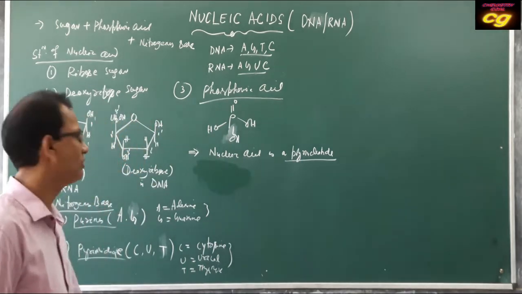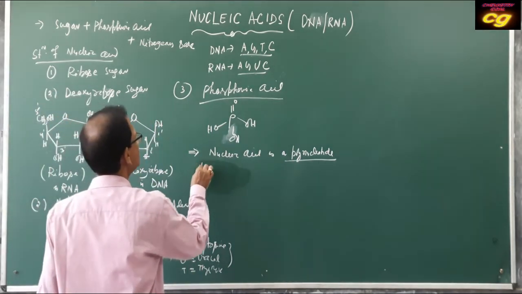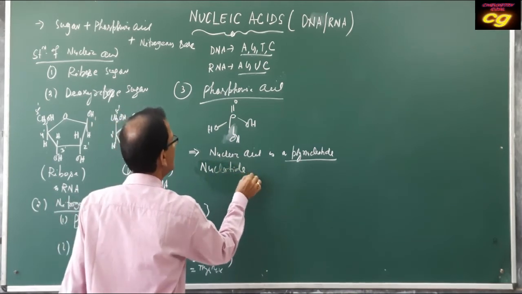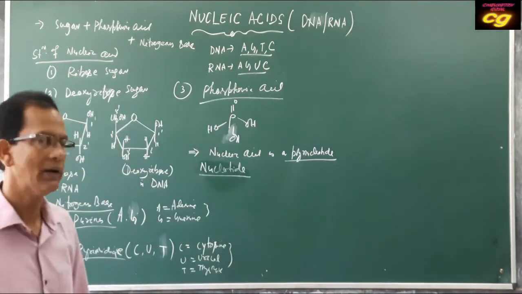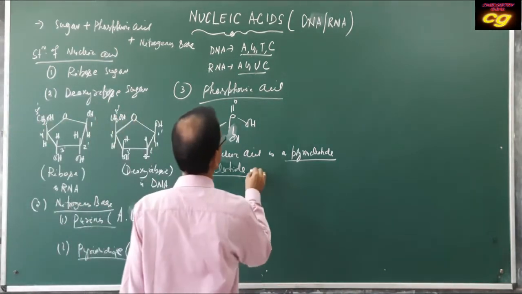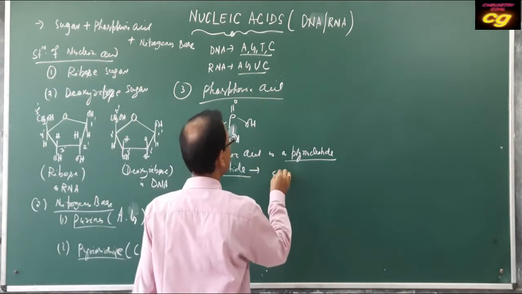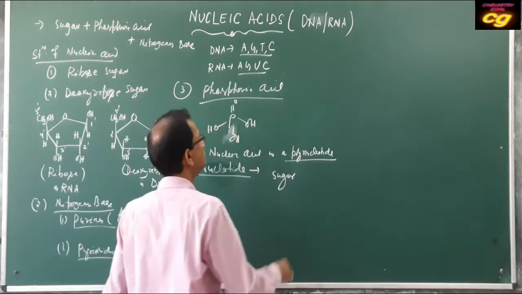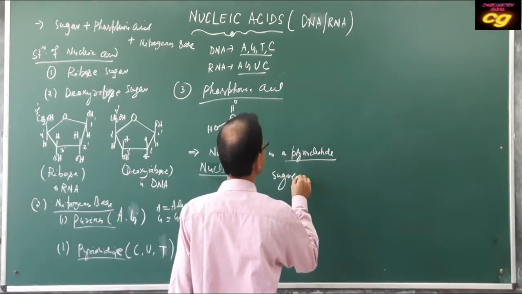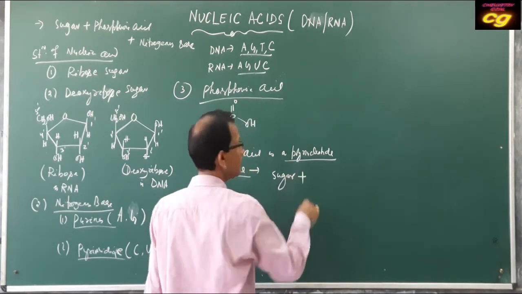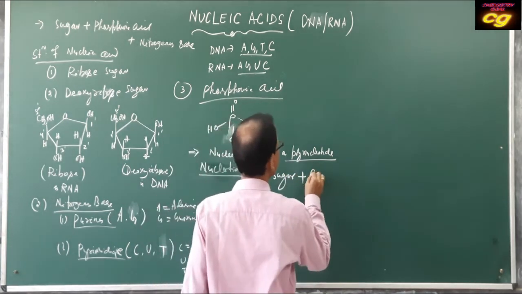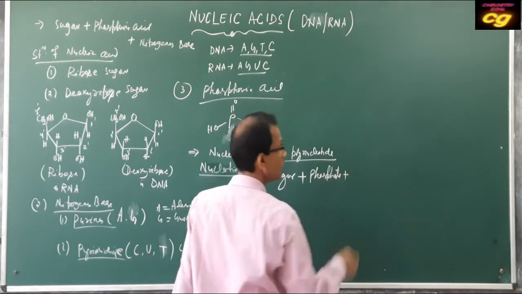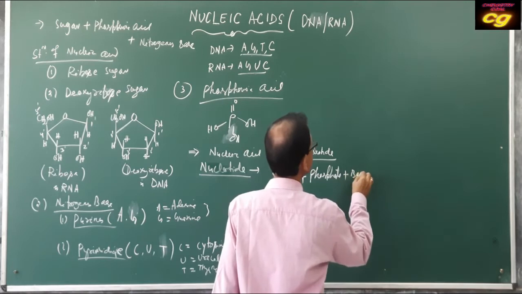Then what are nucleotides? Nucleotide mainly contains sugar plus phosphate group plus nitrogenous base.